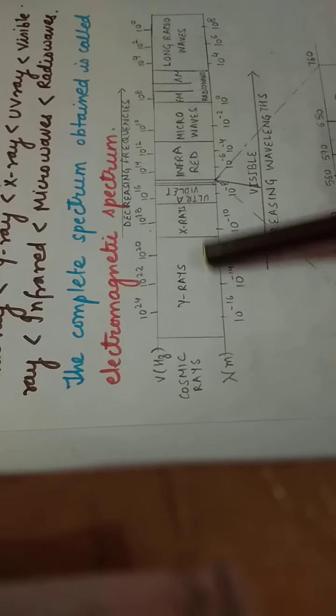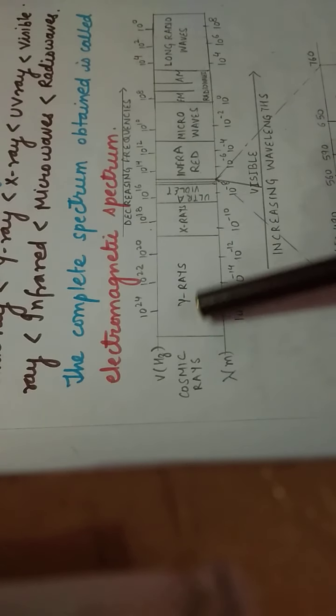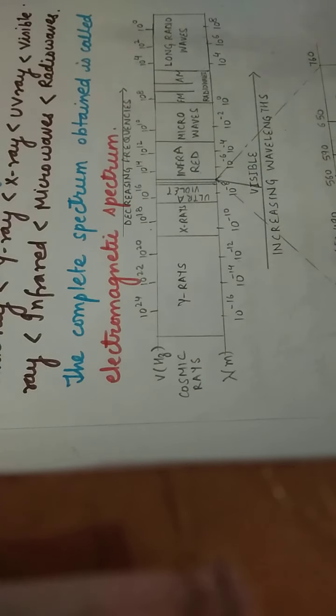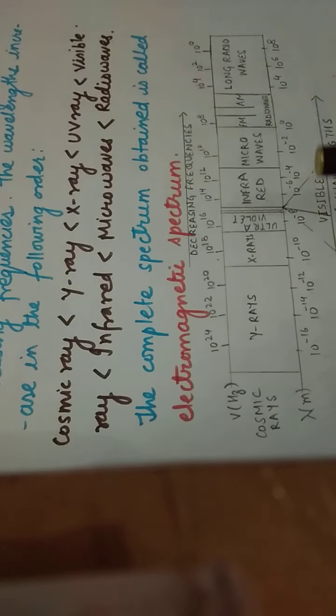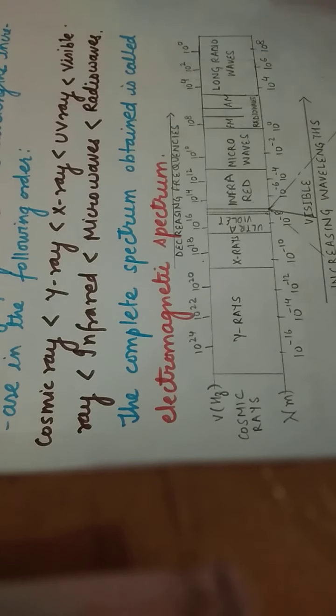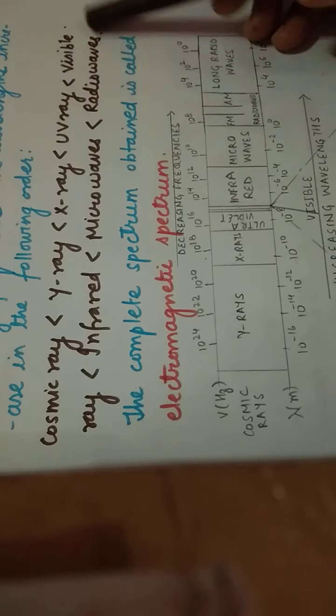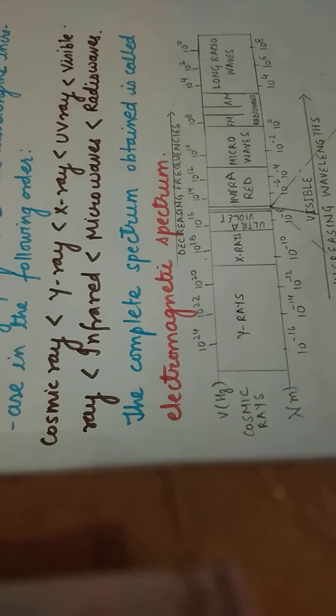So here are the different radiations and their frequencies and wavelengths are written here. Here these are the 7 colors which you see in the visible region of the electromagnetic radiation. Visible rays are also a kind of electromagnetic radiation.